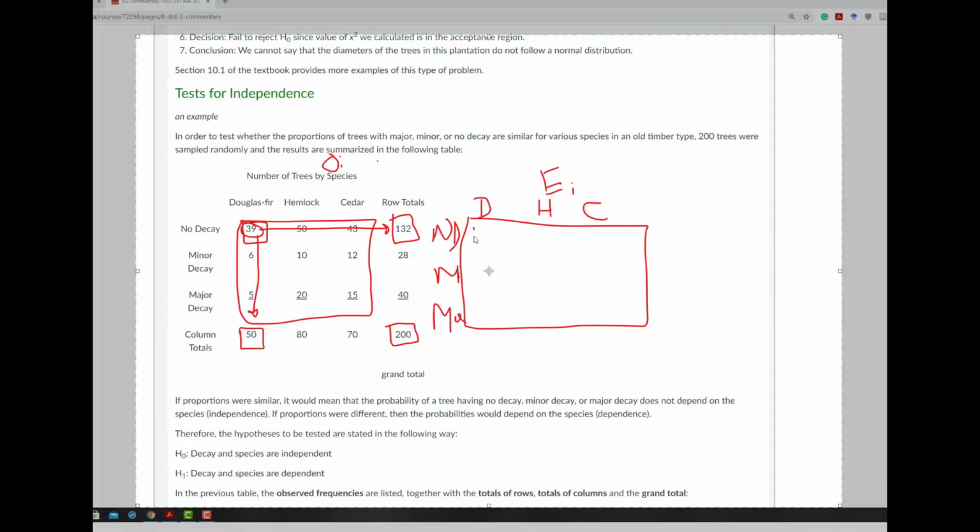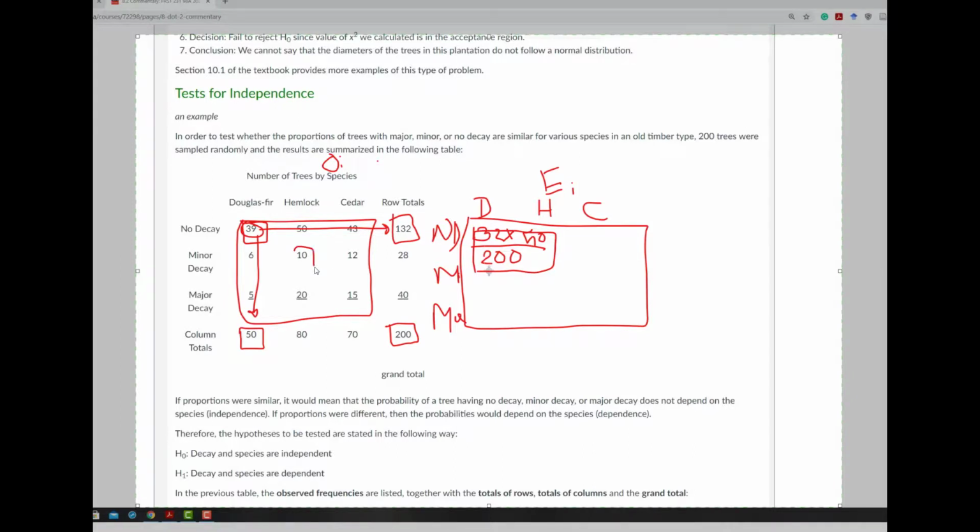So we have to multiply 132 by 50 and then divide by 200. Then you will find that the expected value for 39 is this one.